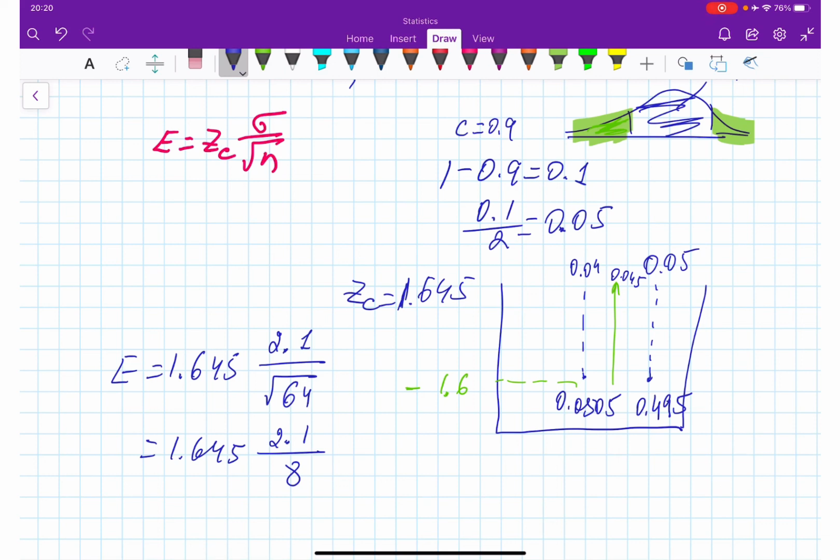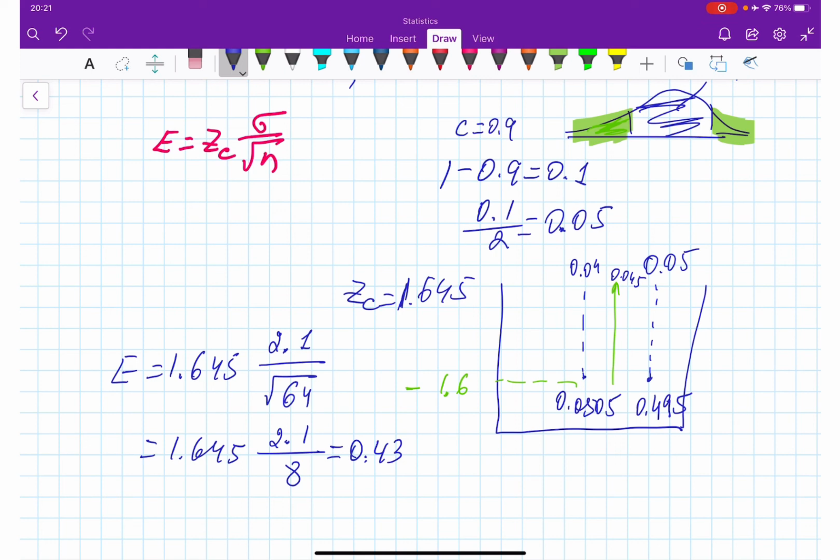I have 2.1 divided by 8. I'm getting 0.2625 and multiplying by 1.645. And the answer I get 0.43. So 0.43 is margin of error.